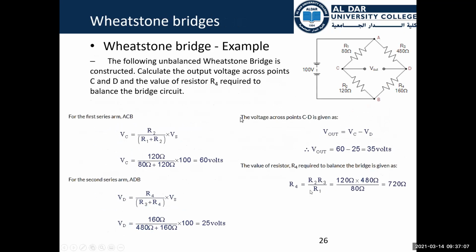You can say, okay, it's not to be confused. It's like R2 here. R4 is equal to these together multiplied over R1. Just multiply these together and divide by R1.